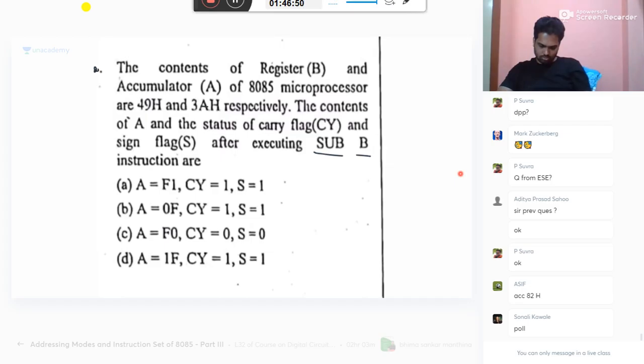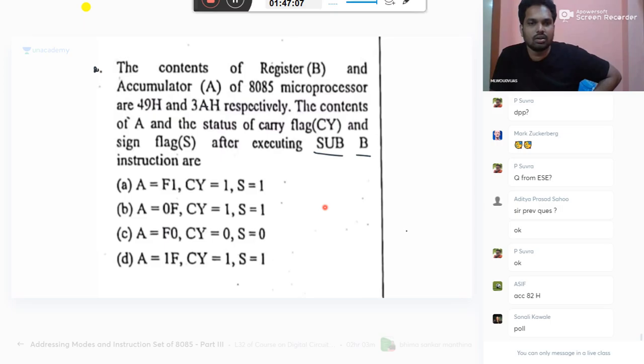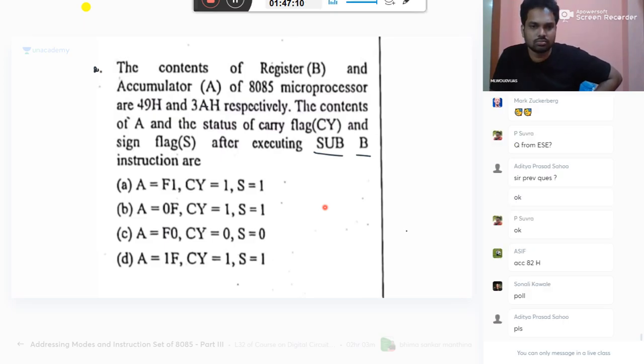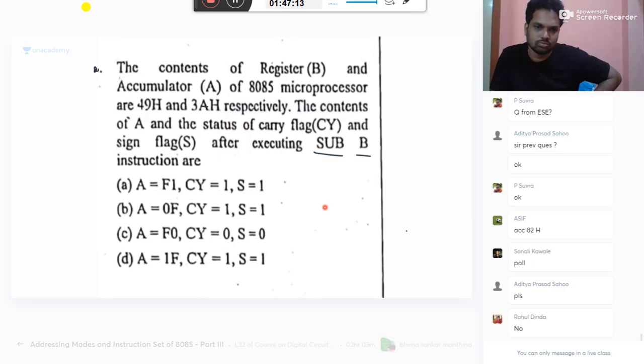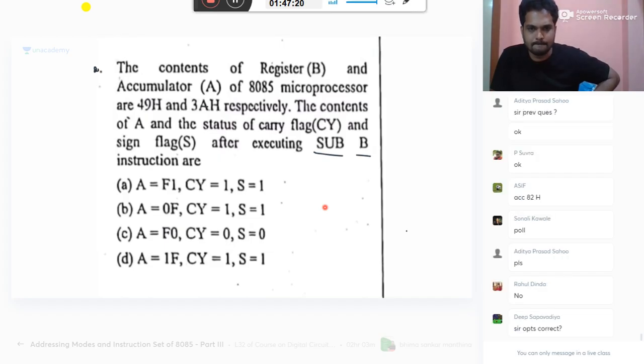Options are correct only. I remember the answer also. Let's try. Let's crack it. If I am wrong, I may be wrong also. In the sense of options, let's check it. Because I just blindly remember the value and I gave. Let's check whether it will hit or not. It's a simple question.